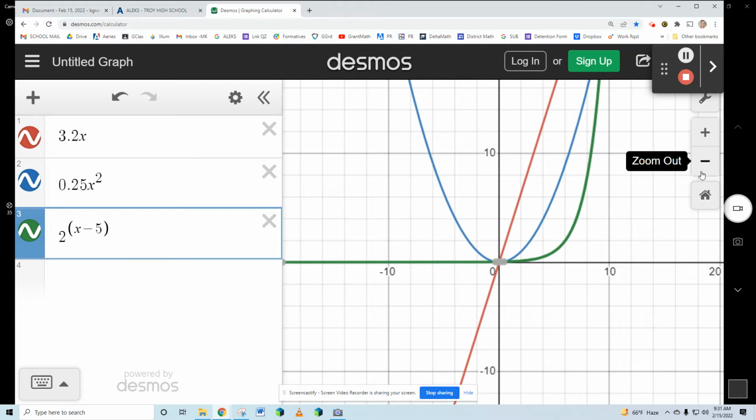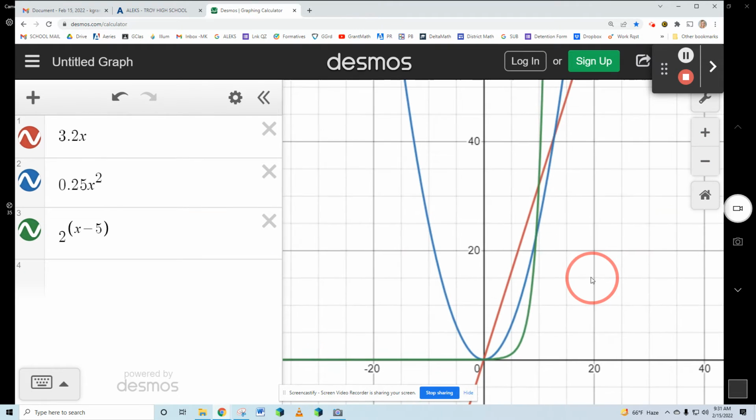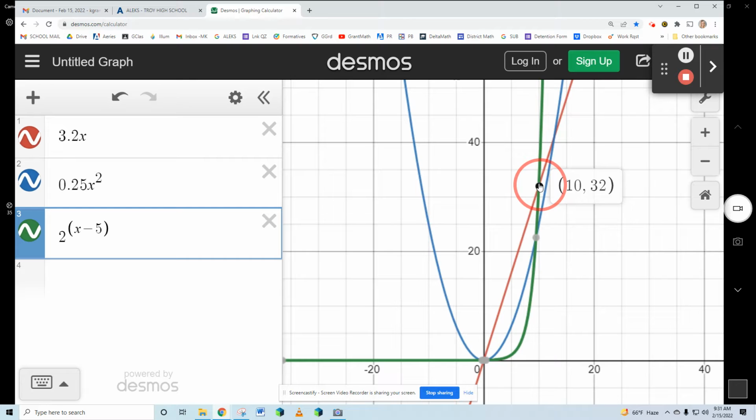When will my green line be more than my red and blue? Here's where 2 of them meet. My green line, look at this. Okay, I clicked on it on purpose. After 10 years, the population will be 32 million. What will it be?